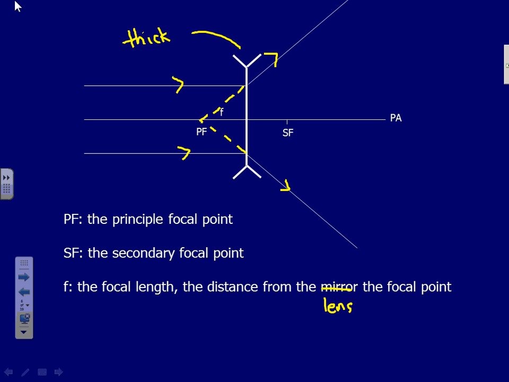That little f is the distance from the lens to the focal point. We've got a principal focal point and a secondary focal point. In this situation, there's nothing exciting about the 2f, so we don't need to draw in the 2f's for the diverging lenses. But for the converging lenses, when we start drawing ray diagrams, there are interesting things happening there.